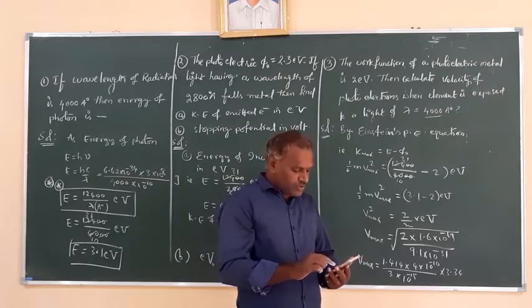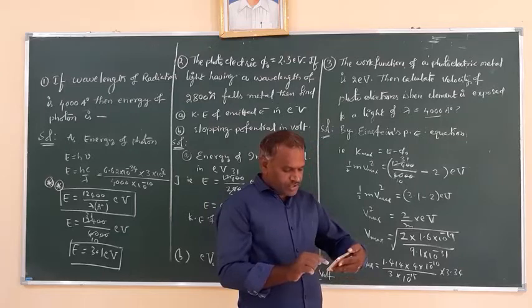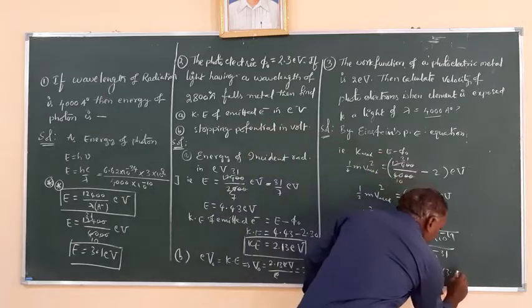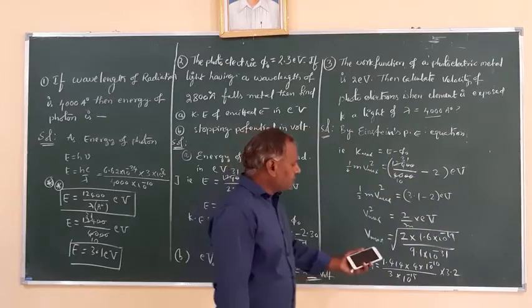I will tell you what is the value of root 10. Root 10 gives you 3.2, not 3.3. It is 3.16 or I can write 3.2. Then you multiply or simplify this one.